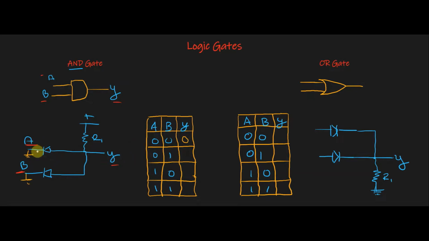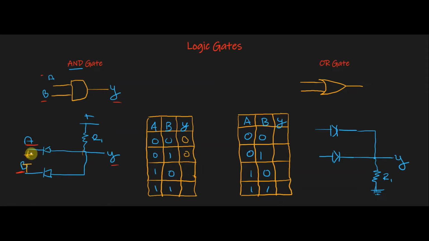Now, if I go 0, 1, which means I leave this grounded, but I take that high, so I get rid of this ground, then I'm still grounded here, so I have power going this way. Nothing's going to really happen here because those are the same state, and I'm still going to get a ground on my output.